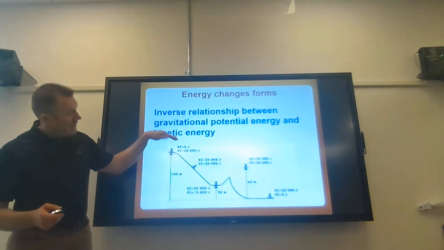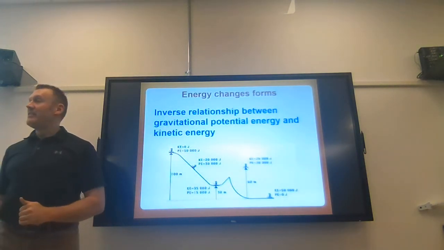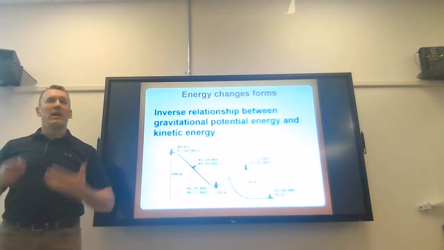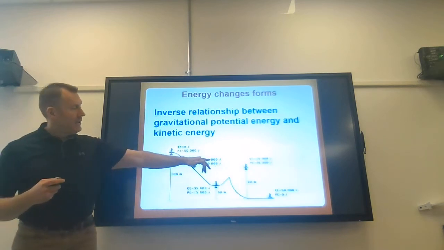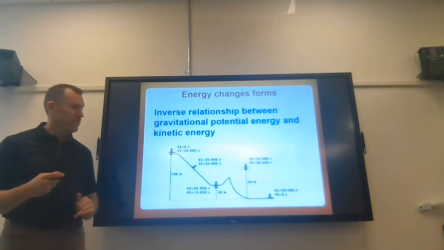So then starting down the hill, and we get halfway down the hill, so we're building velocity. The height relative to the ground is decreasing, and so now we have 20,000 joules of kinetic and 30,000 joules of potential energy.